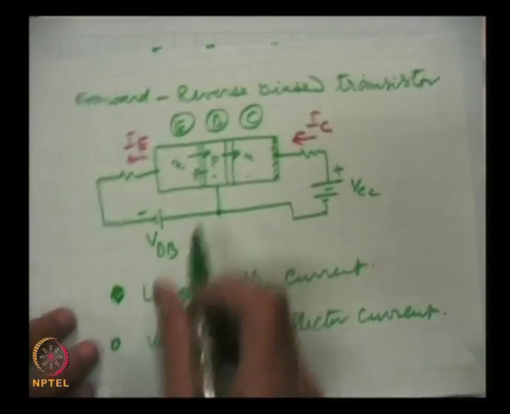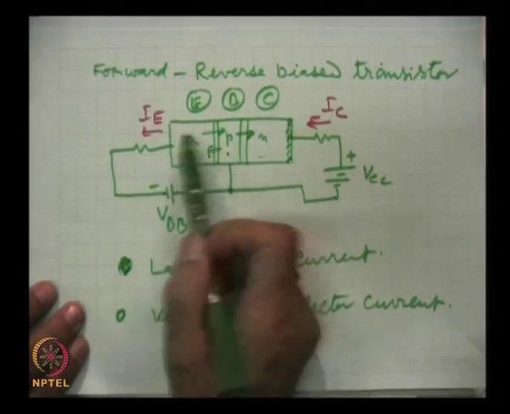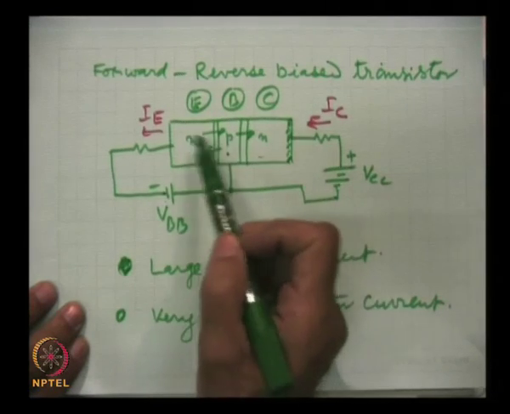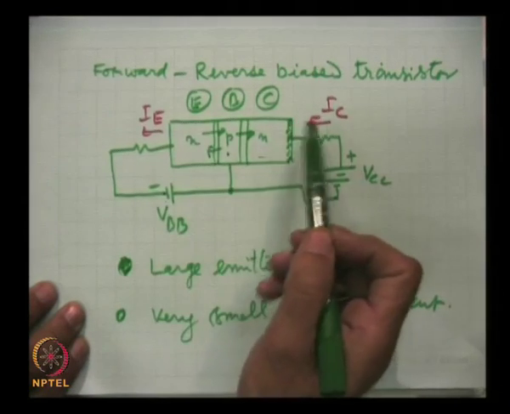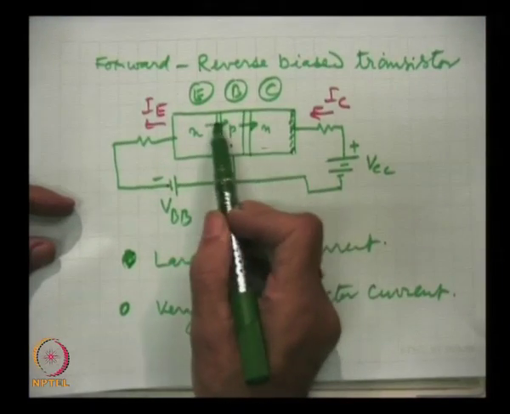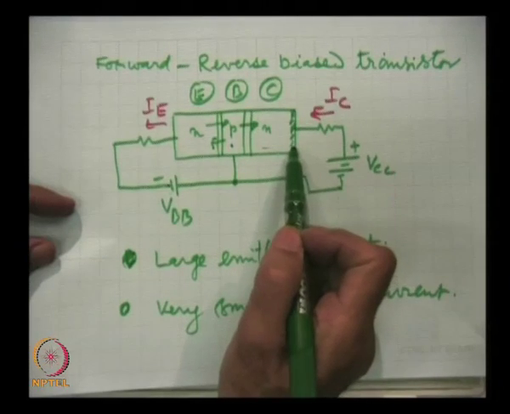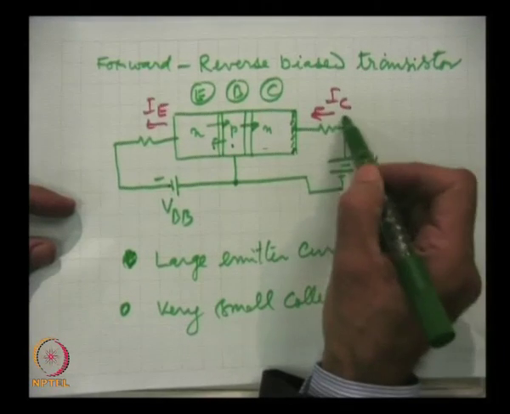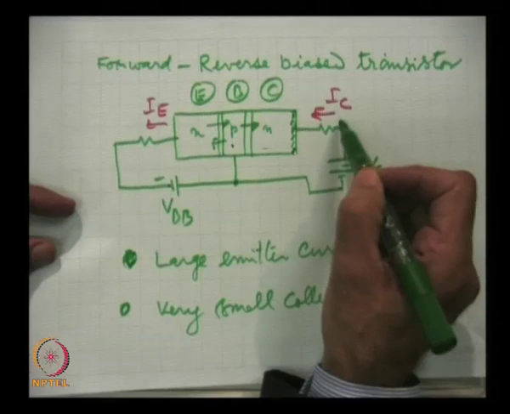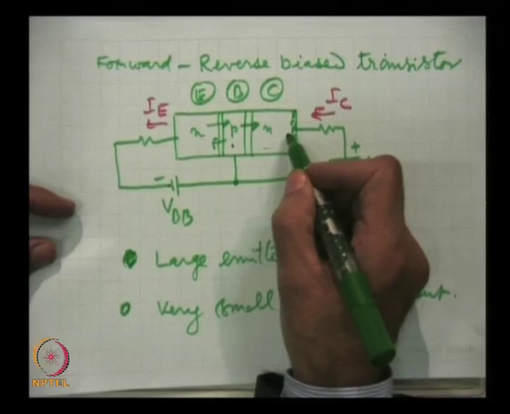In our discussion of this transfer of current from the emitter to the collector, we saw that the electrons are being collected at the collector, because here is the appropriate polarity, the positive potential which will collect the electrons.